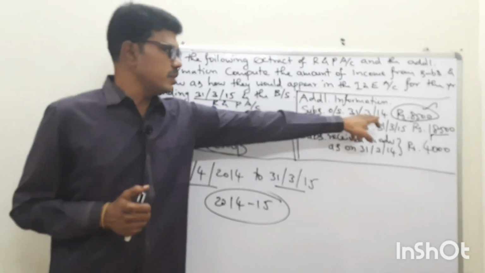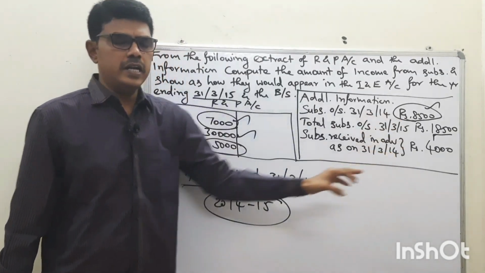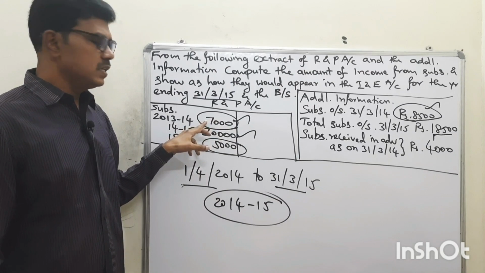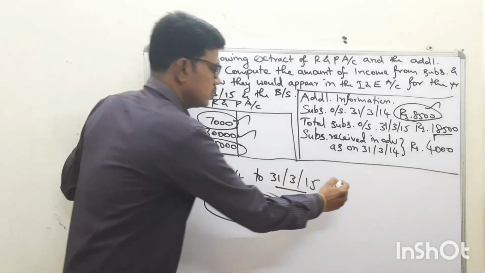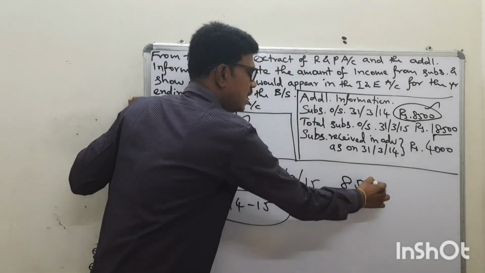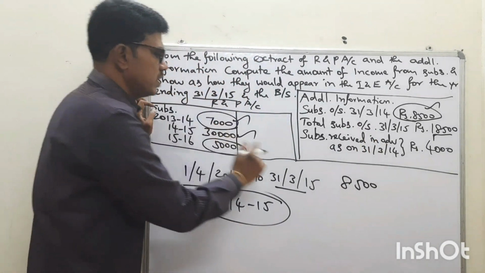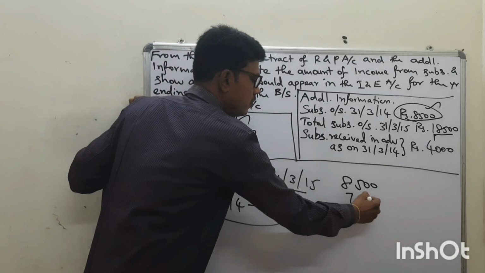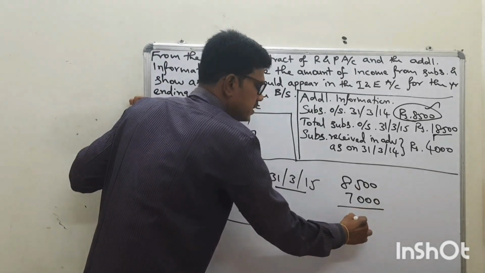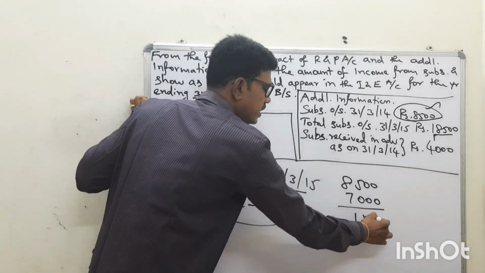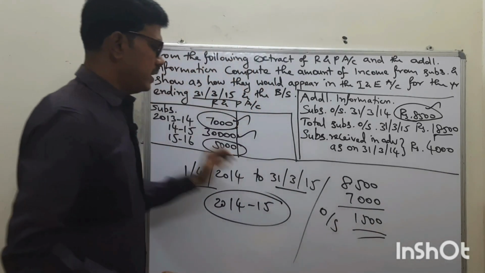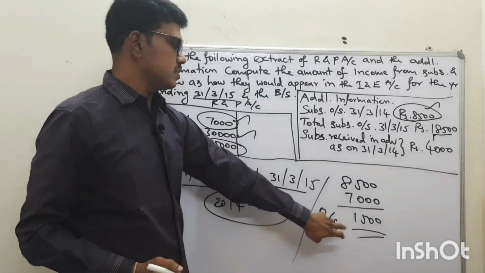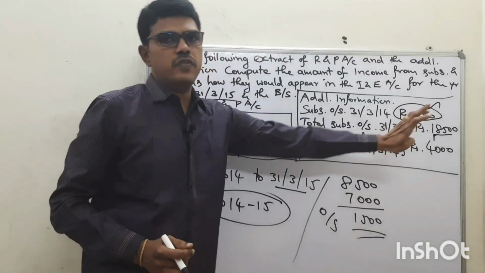Previous year outstanding is 8,500, out of which we have received 7,000 rupees during the current financial year. By subtracting these values, we can understand that 1,500 is still outstanding, and this amount is included in 18,500.